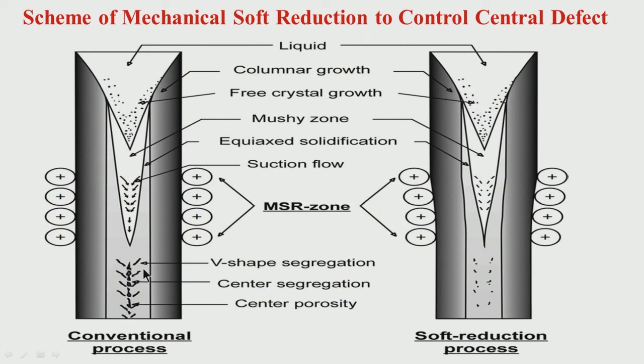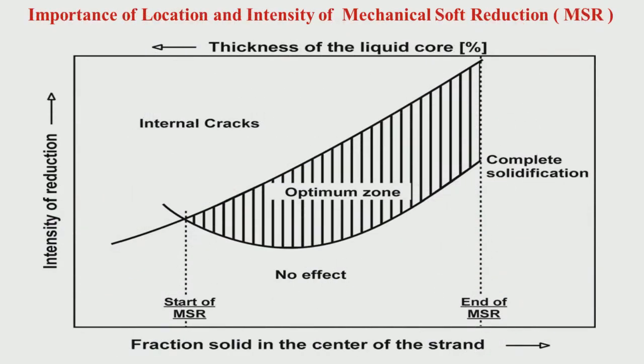Instead of concentrating at the center, segregation, porosity and cracks are getting distributed and almost eliminated. If you can give an adequate amount of soft reduction, you may not get central porosity at all, you may not get central crack formation at all, because shrinkage is getting compensated. This is an important concept.